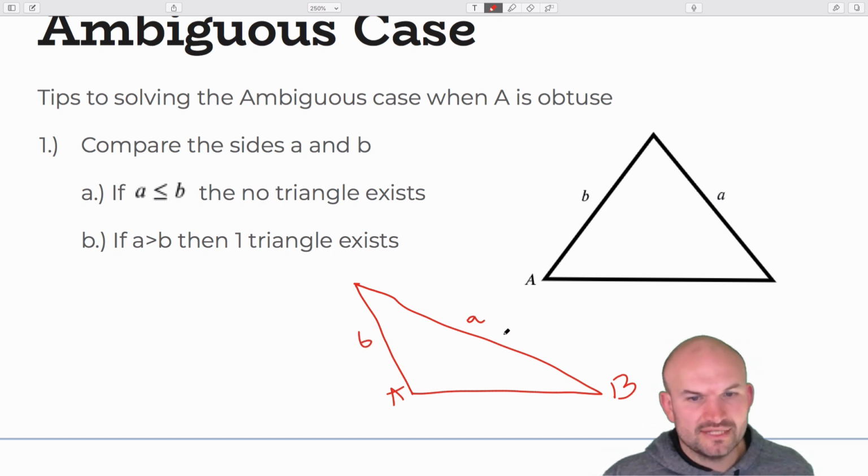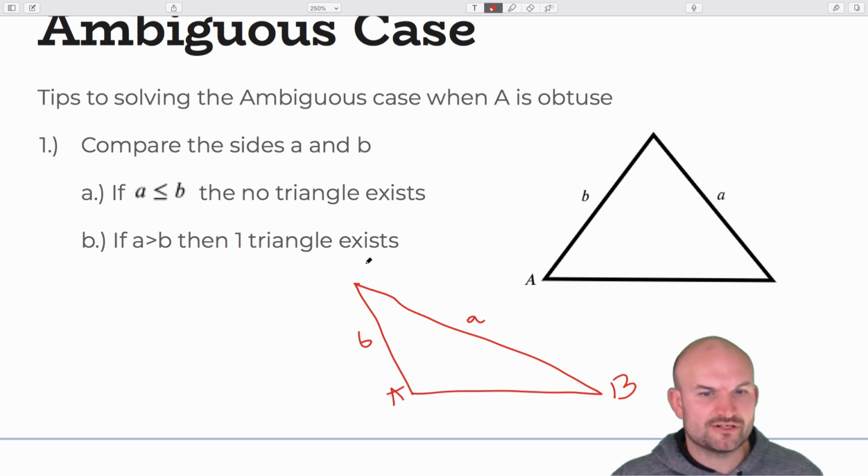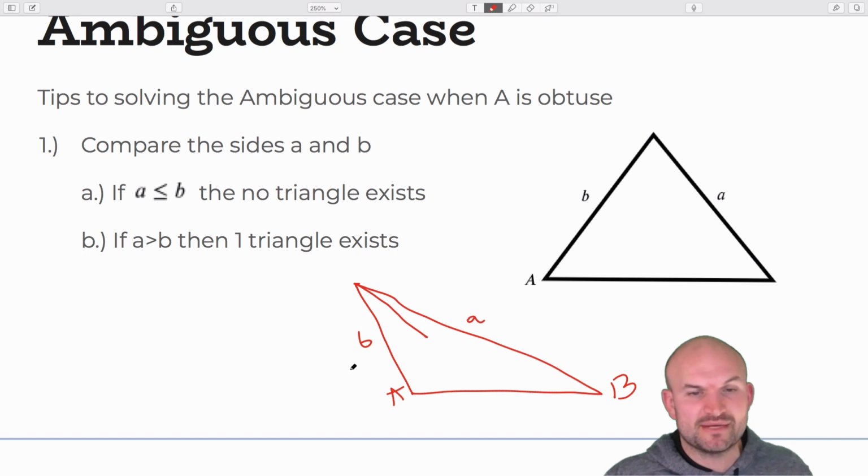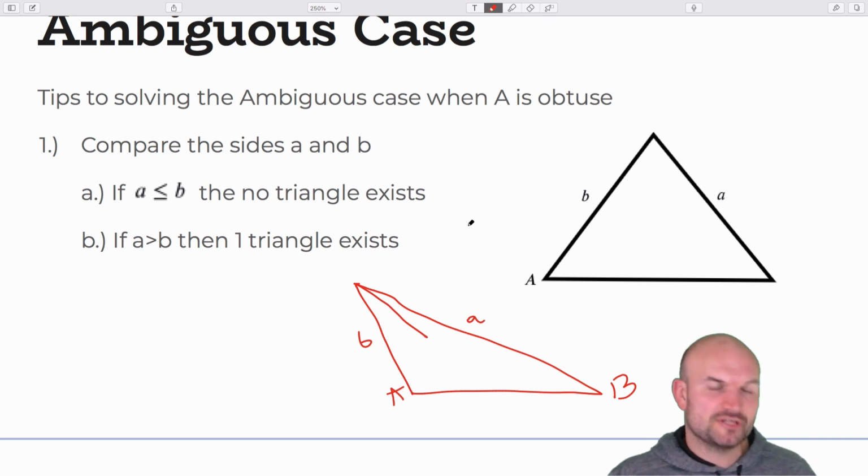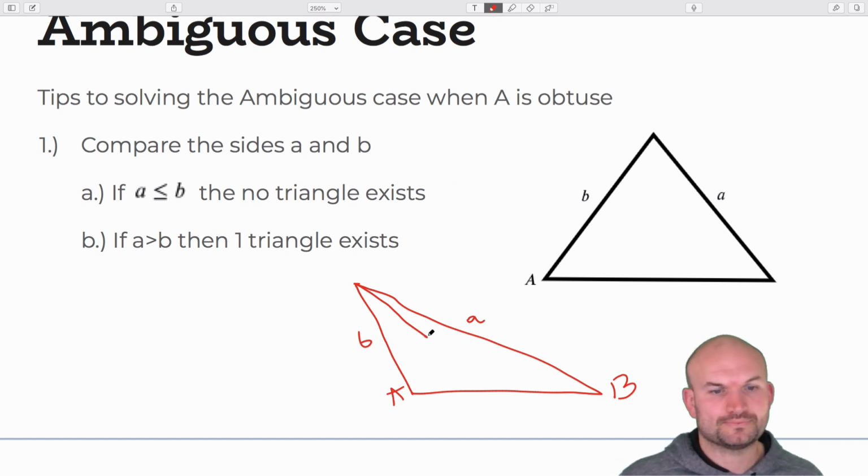If A is larger than B, then you can see one triangle exists. But if this ends up being shorter and this is an obtuse angle, you're not going to have a triangle. If this was shorter than B, no triangle will exist. Even if it was exactly the same measure as B, there would be no triangle, because then it'd have to be a right triangle, and if this is obtuse, then it obviously can't be both.